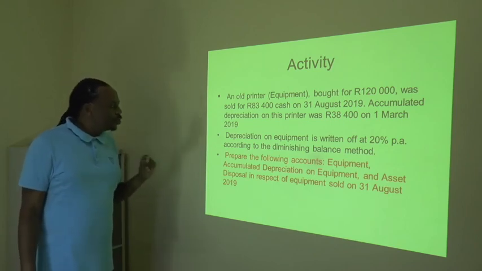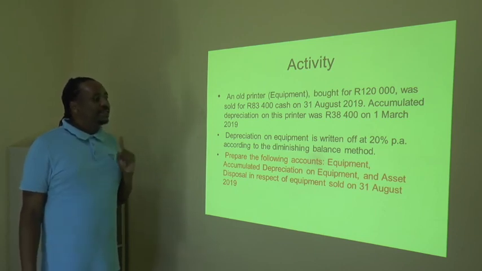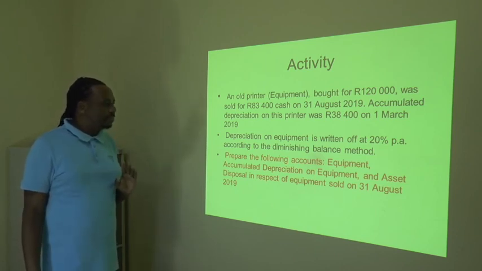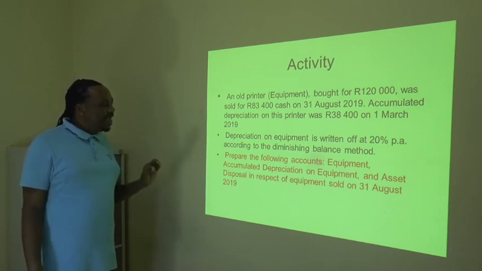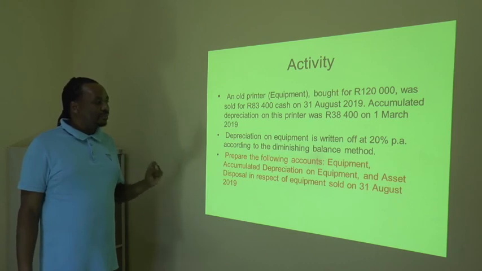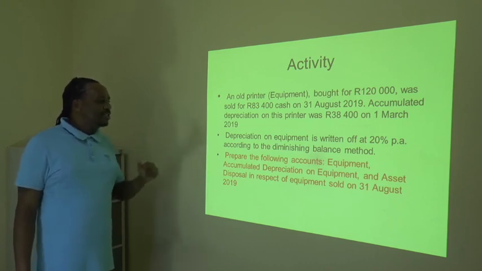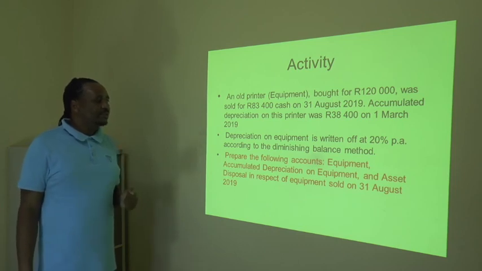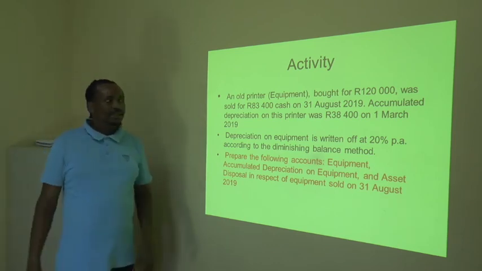On the 1st of March 2019, depreciation on this equipment is written off at 20% per annum according to the diminishing balance method. Prepare the following accounts: equipment account, accumulated depreciation on equipment, and asset disposal in respect of equipment sold on the 31st of August 2019. This is your activity.